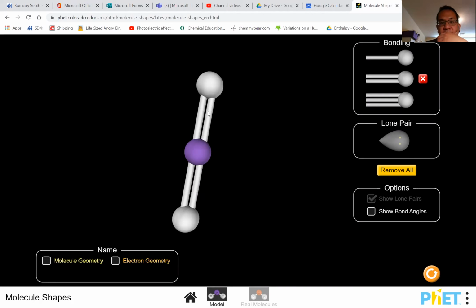Notice the 2 bonds are in the same area, so they create a straight line. So the electron geometry is linear. That's where most of the electrons are located, 180 degrees from each other, and the molecular geometry is also linear. So when you take a look at double bonds, you assume that the double bonds merge into one when you're determining the shape.